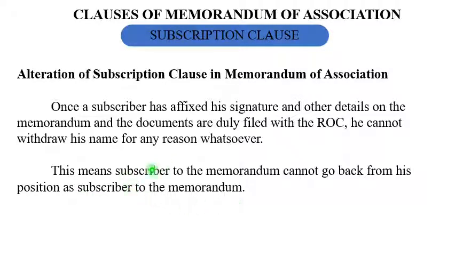Clear? Once you have subscribed, as we have previously discussed, 7 members are needed in case of a public company and 2 members in case of a private company. Once fixed, if a member has given his signature, once he is a subscriber of the memorandum of association, he cannot withdraw his name. That is the subscription clause.